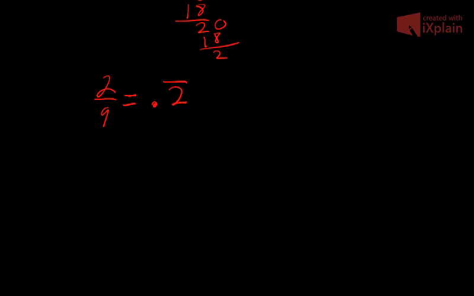So if I have 2/11 instead of 2/9, I'd be asking myself how many times does 11 go into 2? The answer would be 0, of course. So then I have to do 2.0. 11 goes into 20 once, leaving 9. And I have to ask myself how many times does 11 go into 90?